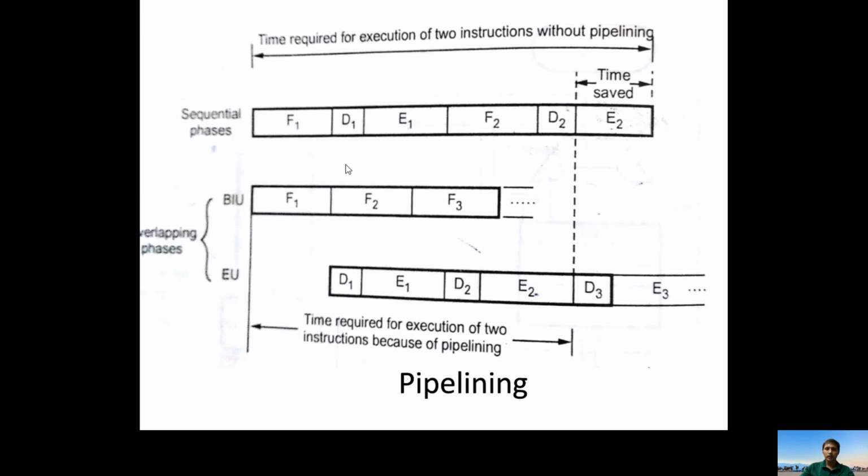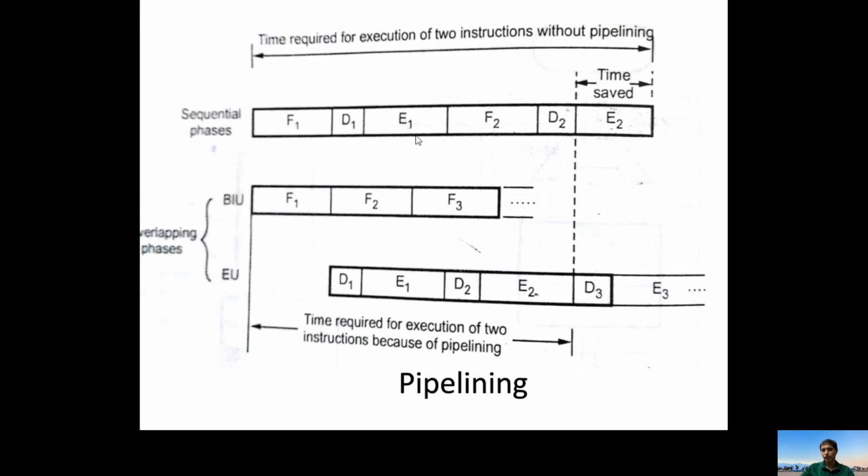So in the older version, 8085, the bus interfacing unit and execution unit do not work in parallel. So either the BIU is working and the EU must be idle, or the EU is working and the BIU is idle. See here, for example, F1 means fetching, then decoding of the first instruction, and after decoding, execution of the first instruction.